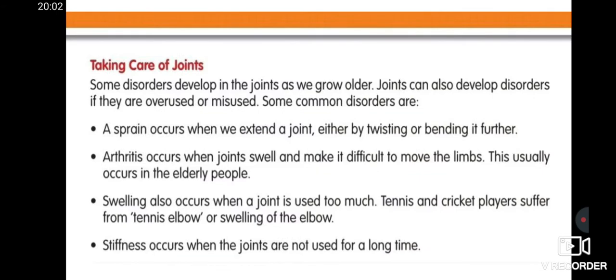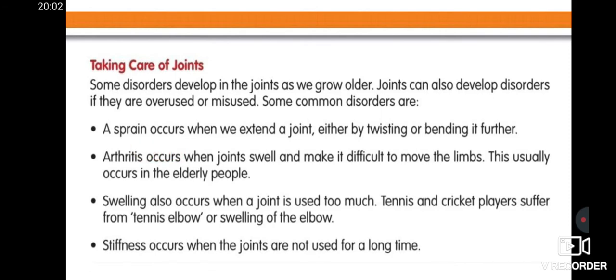So children, we come to know about the common disorders such as arthritis. Here some are given to you. A sprain occurs when we extend a joint, either by twisting or bending it further. So children, a sprain can occur.